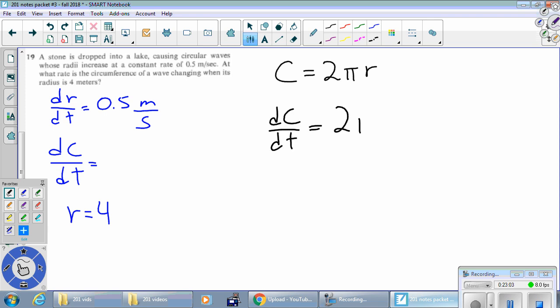The derivative of 2 pi r is just 2 pi, that's the coefficient of the r, but then times dr/dt. And again, we are given the values of 2 variables here, and we're just going to plug in and get our unknown. I didn't put a question mark there. Okay, so dC/dt, that's the question mark.